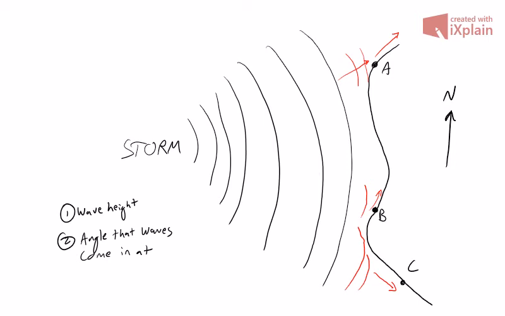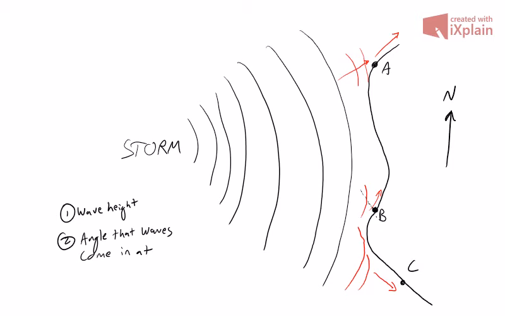Right? So if we're looking at B, if we look at the direction that's perpendicular to the shoreline, the waves are coming in pretty close to directly into shore, right? So that's going to mean that the longshore transport, the amount of sand that gets pushed down the beach by these waves, is going to be relatively small.